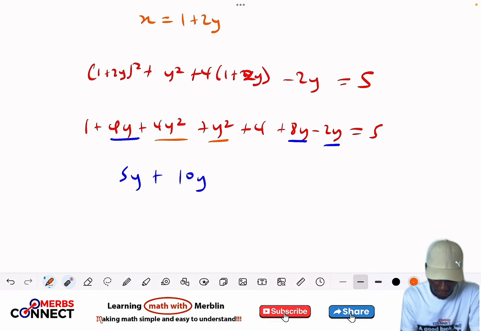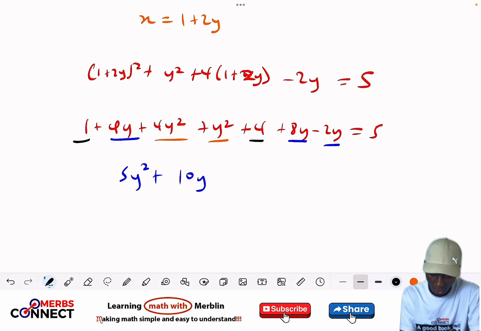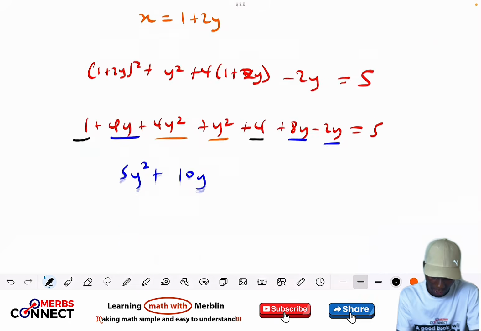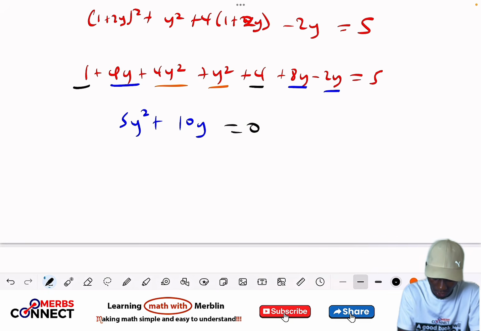This and this is going to give us 5y squared. Okay, let me put the square here. Then now let's look at this. I have this and this, which is going to give us 5. And guess what? When I move the 5 here, this becomes 0, because 1 plus 4 is 5. When you move here, you get minus 5.